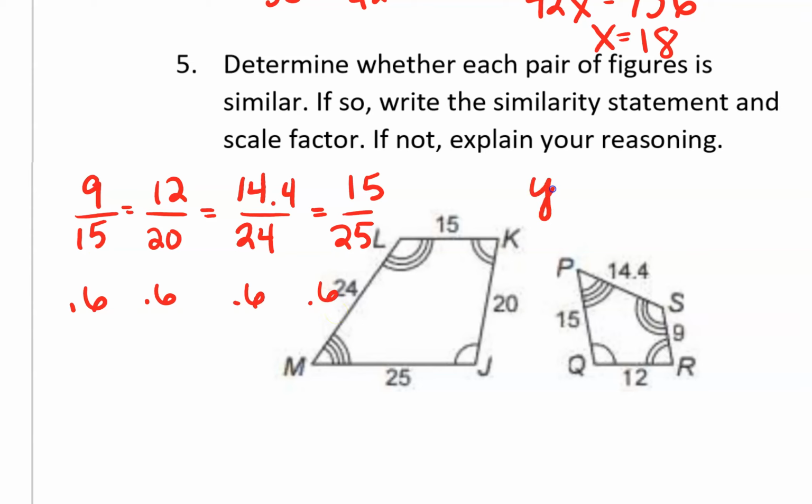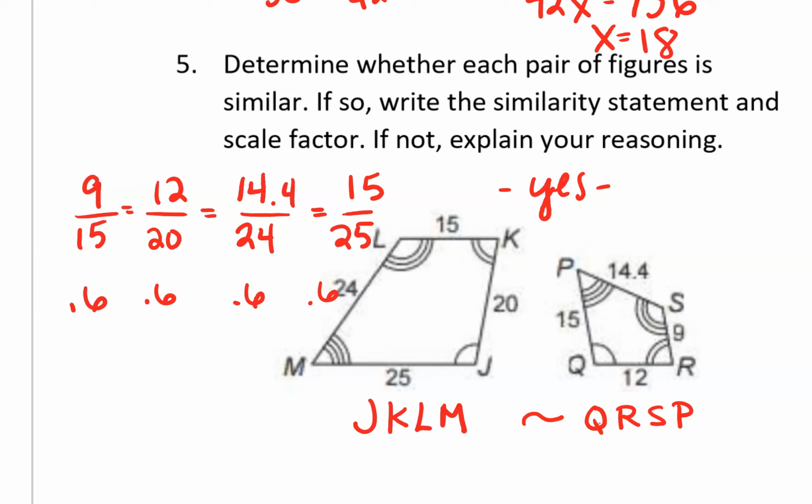So this is yes, and the similarity statement would be matching. Start with your angles. So we're going to match. If we go Q, R, S, P, we're going to start with J, go to K, go to L and M. Okay.